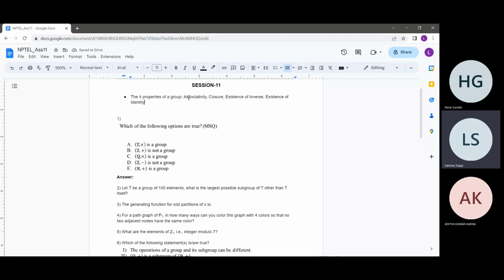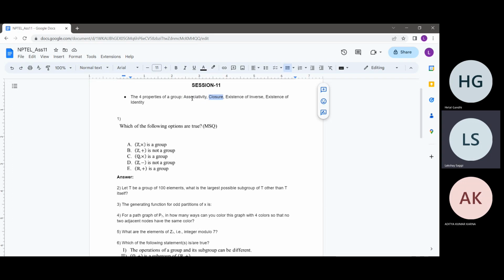So for something to be called a group, it should have the associativity property, it should have the closure property, an inverse should exist, and an identity should exist. I'll not write down the definitions for these four. I'll just tell you orally, but I think you already know what these properties actually mean.